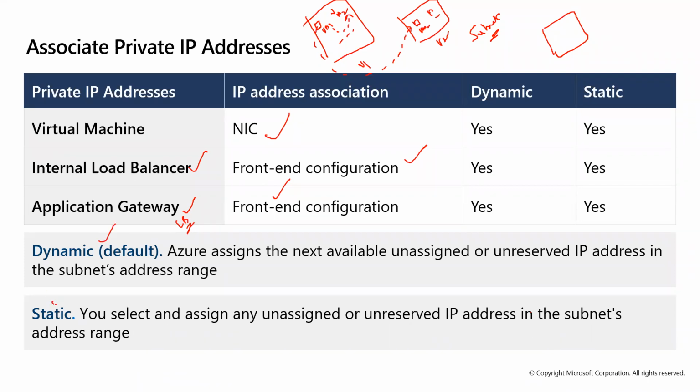You can set them to static by going to the network interface of the resource. Right, guys? This is about static IP addressing and private IP addresses. Any questions related to this? Please ask. Is this concept clear?